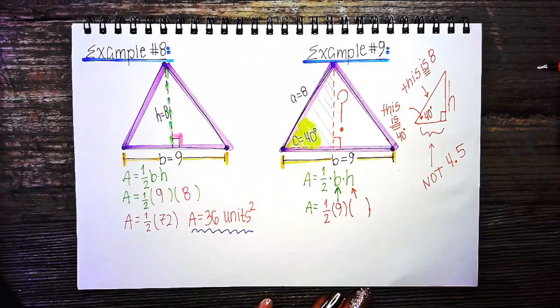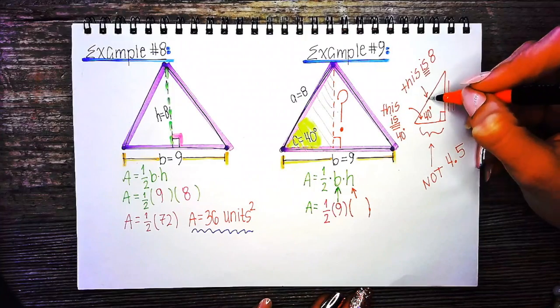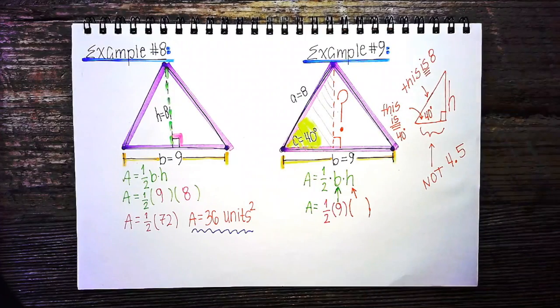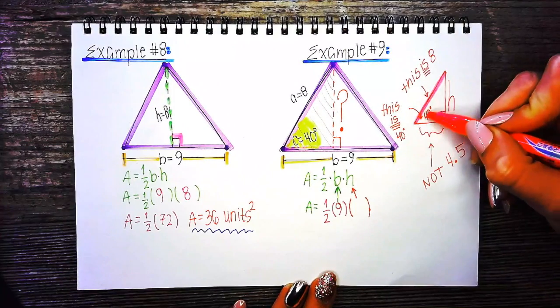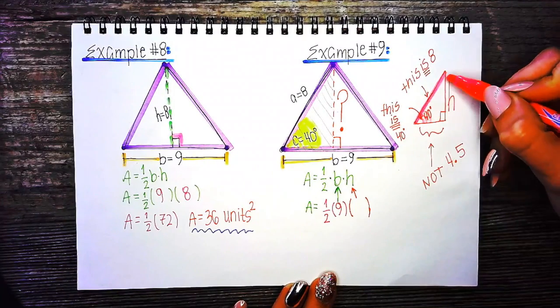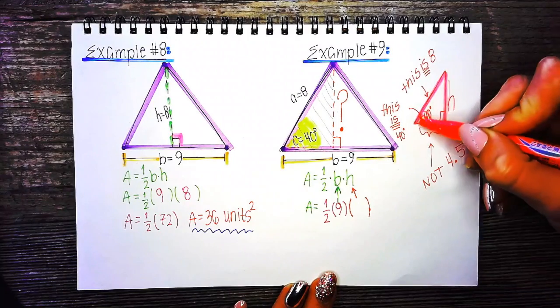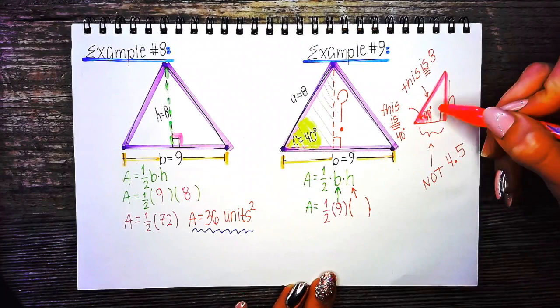If I have 40 degrees and I have the hypotenuse of a right triangle, which is 8, and I'm looking for H, which is the opposite side with respect to the 40-degree angle, which trigonometric ratio should I use to calculate the missing side?